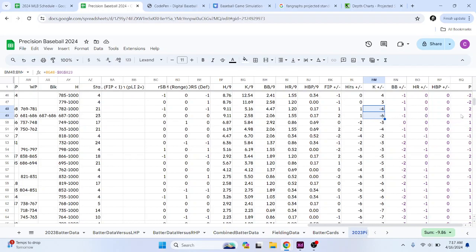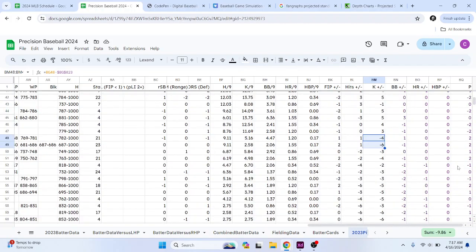So you can see the reason that they would have a number that was below, because they were below average in strikeouts, they were above average in hits given up and walks and things like that. So that should be reflected in their number being higher, consequently being a worse pitcher.